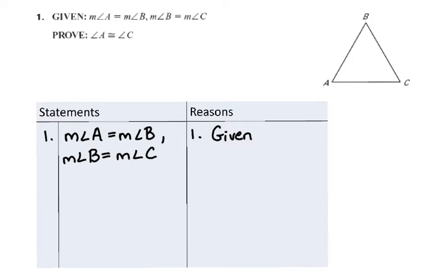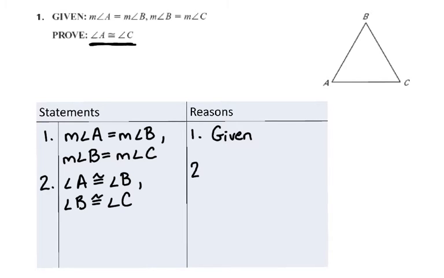It's saying we need to prove that angle A is congruent to angle C. So, if we know that the measurement of angle A is equal to the measurement of angle B, and the measurement of angle B is equal to the measurement of angle C, we also know this. We know that angle A is congruent to angle B, and angle B is congruent to angle C.